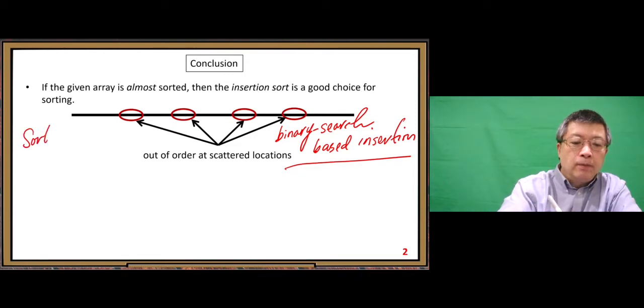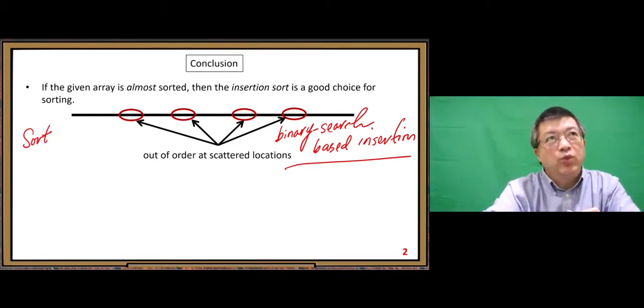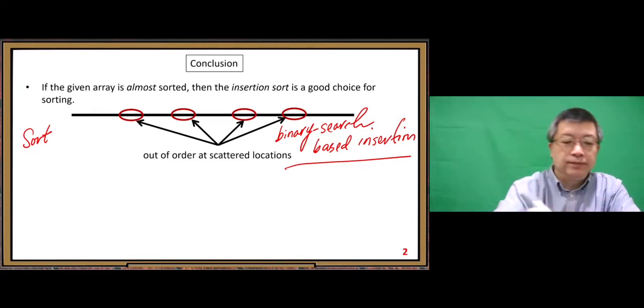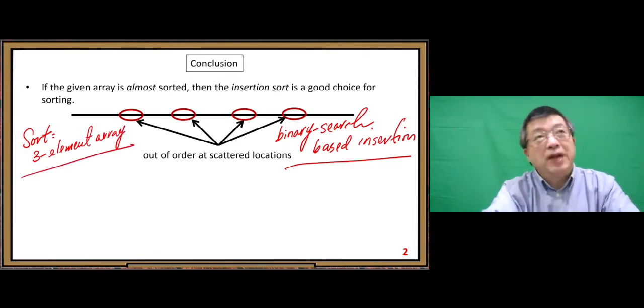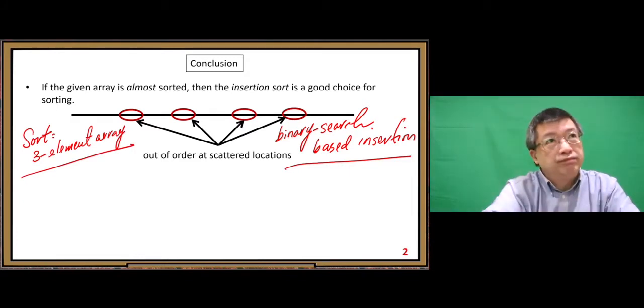Sort. So we work on the sorting problem. Sort what? Sort a 3-element array. That's easy, right? Only 3 elements.